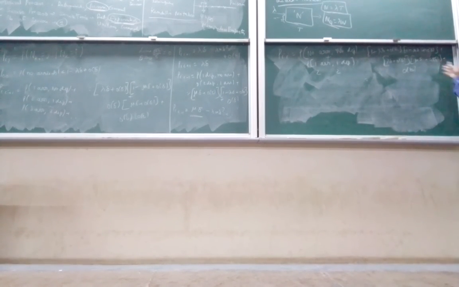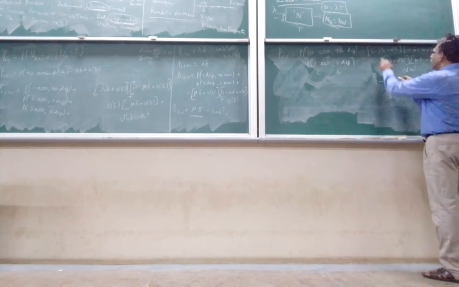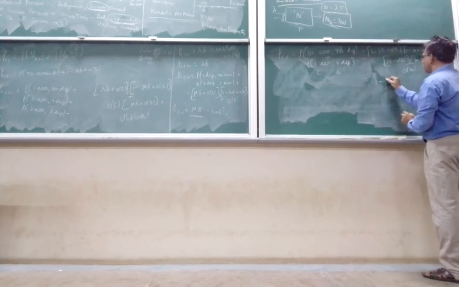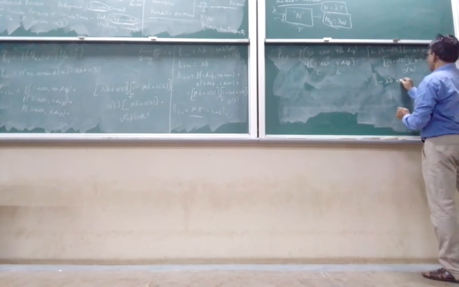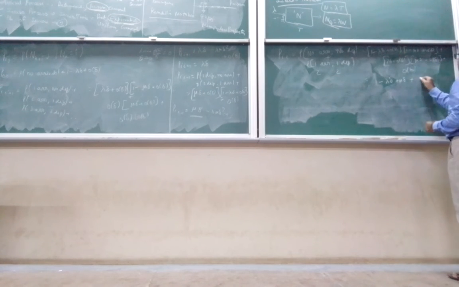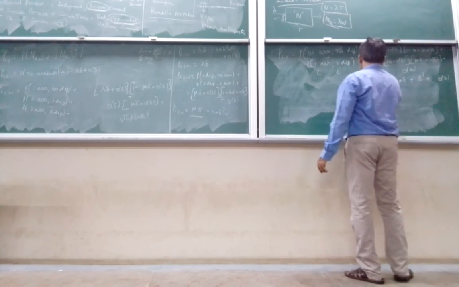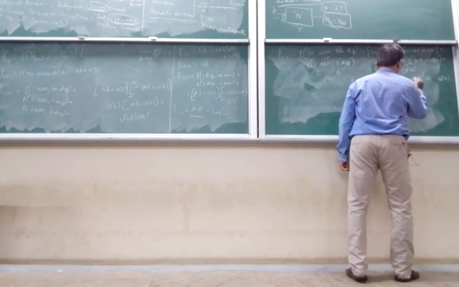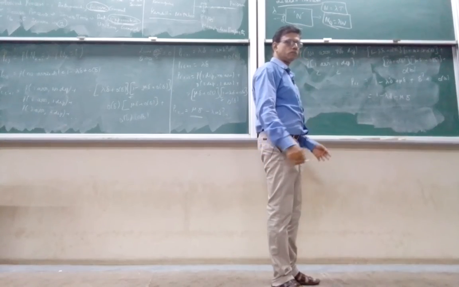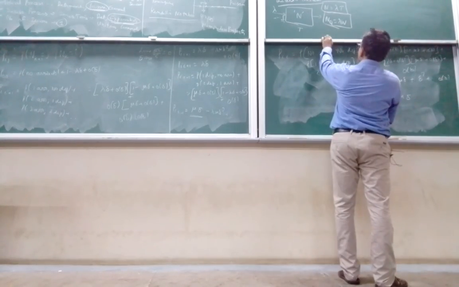If you only keep up to linear terms in delta, 1 into 1 you get 1, minus lambda delta, and 1 into minus mu delta, and then you have delta squared and order delta and so on. All these can be dropped. So pi I I is this. So that's it.